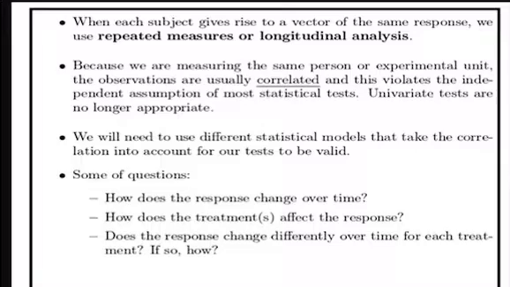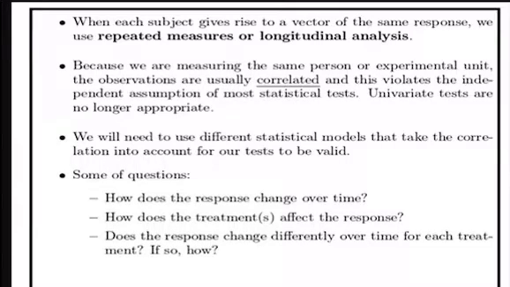Factor A is time. Don't forget, you're going to visit your subject on more than one occasion. Let's say factor B is the therapy type. Maybe you've got three therapies.